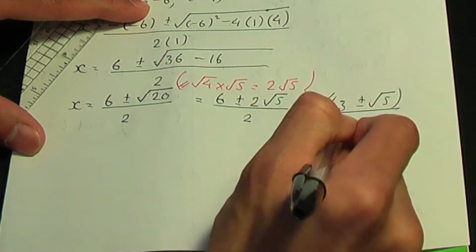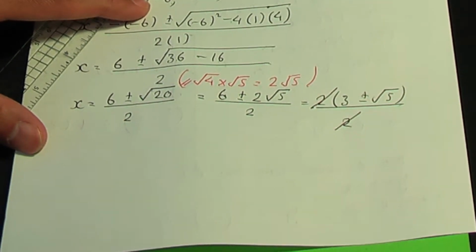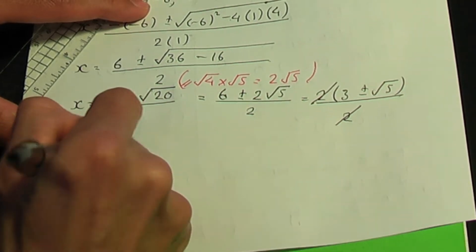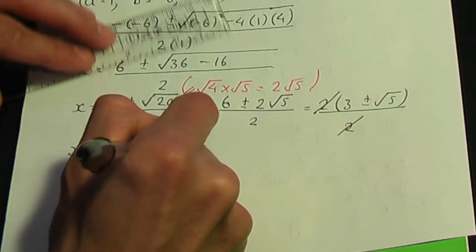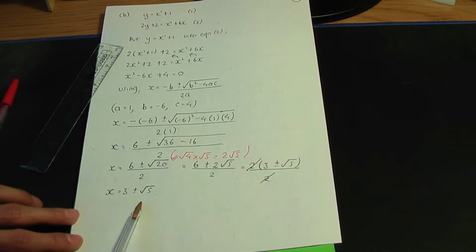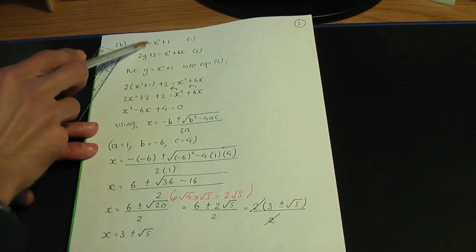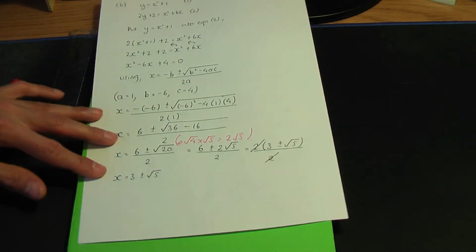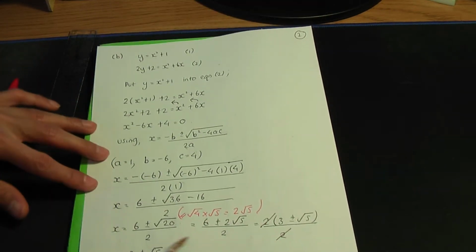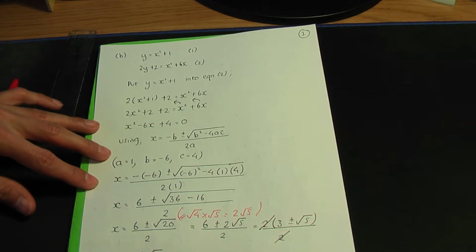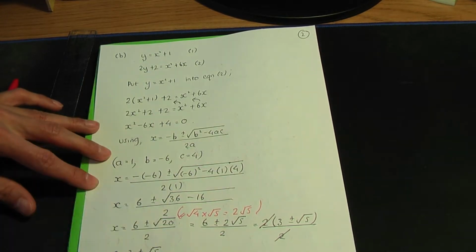And I can then cancel the 2's in the numerator and denominator to give us x as 3 plus or minus root 5. So these are the x values for the pair of equations. So let's calculate the corresponding y's. So what I'm going to do is put these x values into equation 1.